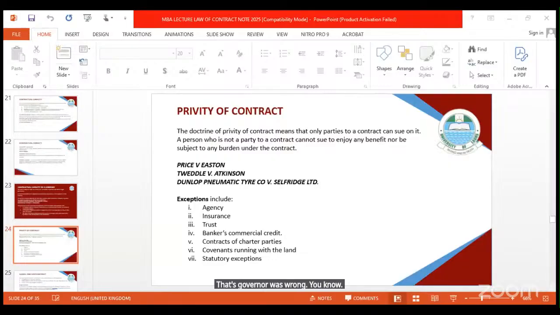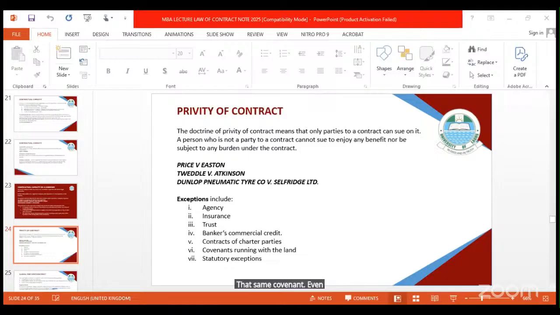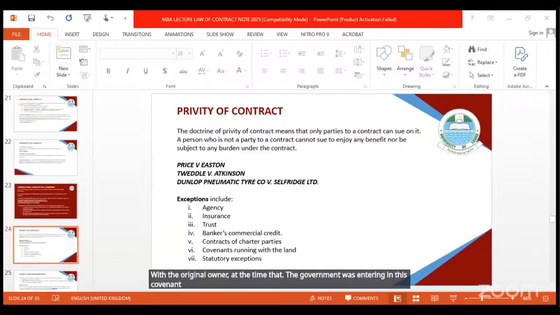Once there's a condition, a government restriction in respect of particular land, and that was done with the first buyer of that land, the subsequent people that will buy that land will still have to observe that same covenant, even though they were not together with the original owner at the time that the government was entering into this covenant with those original owners.